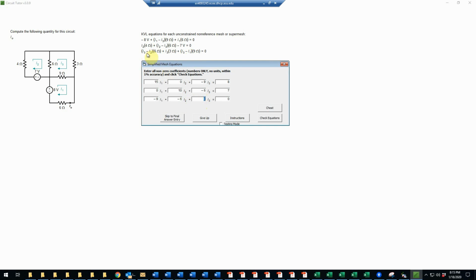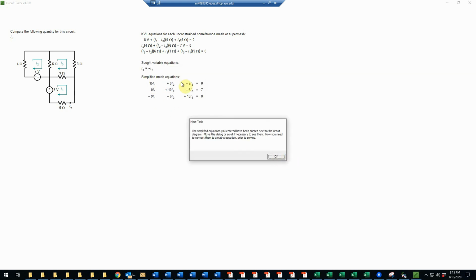And then for I3, we have a coefficient of 6 plus 3 is 9, plus another 9 is going to be 18. So that'll be a coefficient of 18 I3. And then there is no constant term that doesn't multiply one of the currents in that equation, so the right-hand side will be 0. So that's the simplified equations in standard form. So now we'll check those. And those are correct.